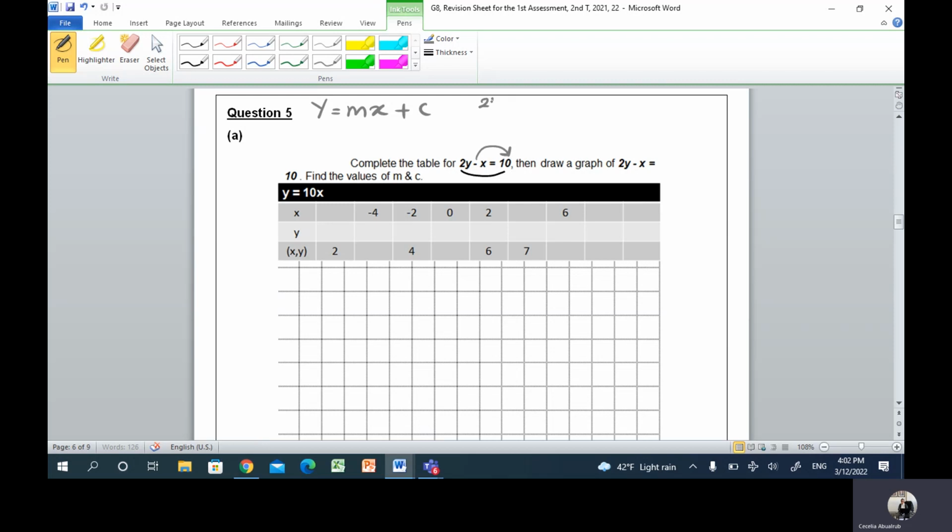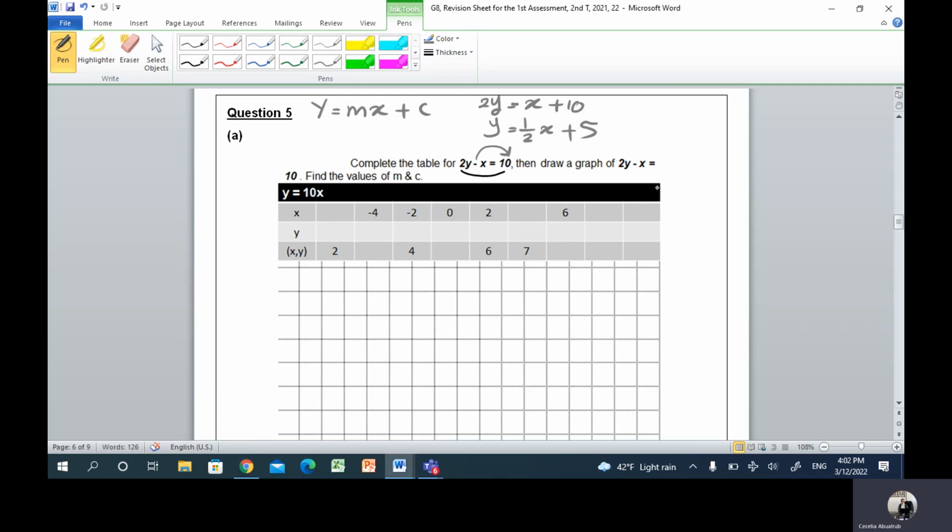So it will be 2y equals x plus 10. Divide each term by 2, so it will be y equals 1 over 2 x, which is the same as x over 2, plus 10 over 2, which is 5.